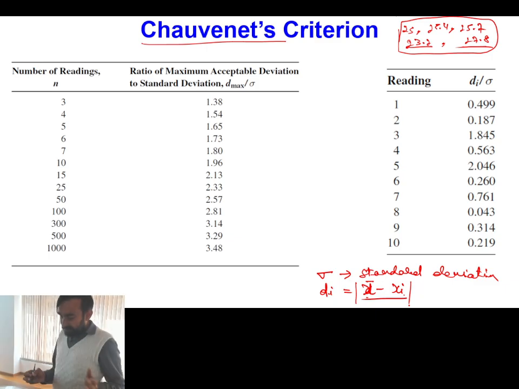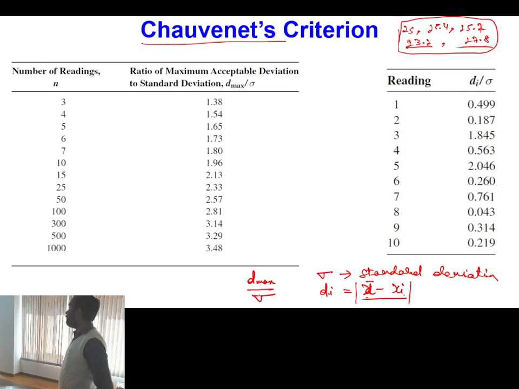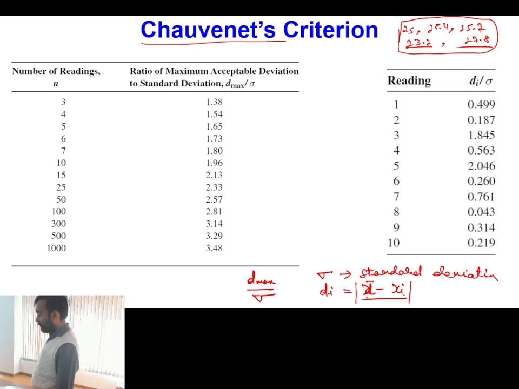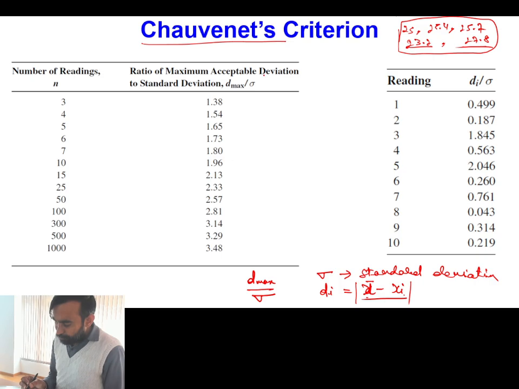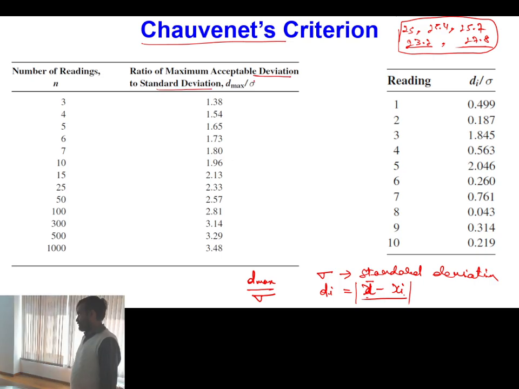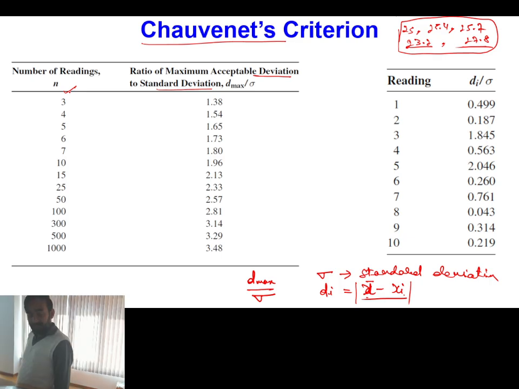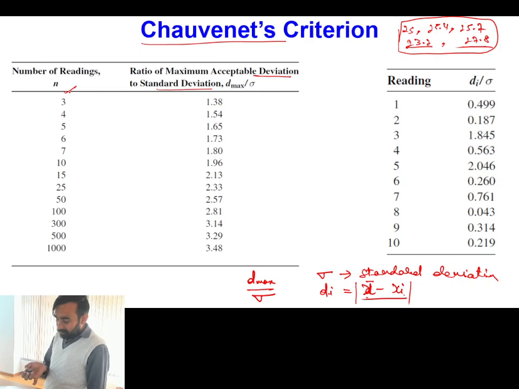Out of all the deviations, if I calculate the maximum deviation and divide it by the standard deviation of that particular sample, we have the ratio of maximum acceptable deviation to standard deviation, and this ratio is defined depending upon the number of readings which we are considering for calculating our deviation as well as the standard deviation.